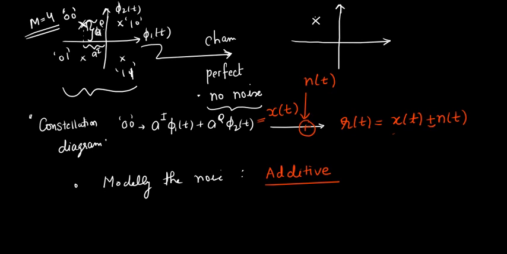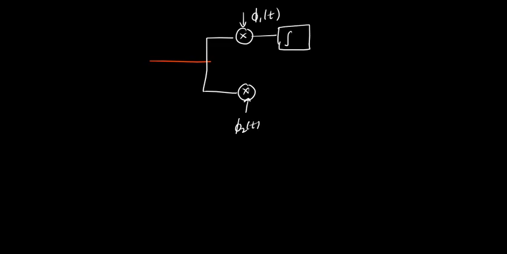I told you, whatever you receive from the channel, whatever basis we have used at the transmitter, you will multiply it or pass it through an integrator. This is called a correlation filter. Bank of correlators, do you remember? Yes or no? Abhishek?